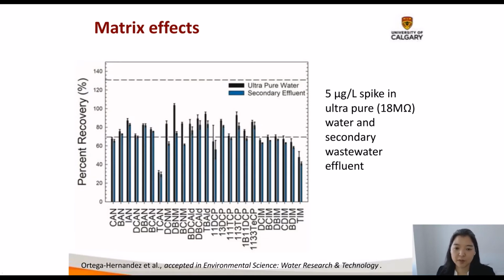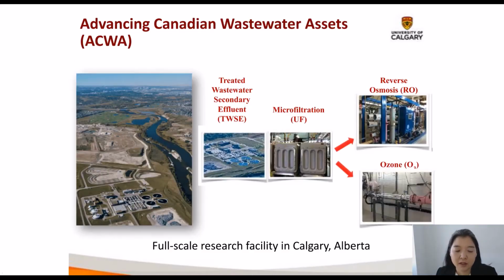So once we developed this method and validated it for DBPs in secondary wastewater effluents, we tested the method in a full-scale research facility here in Calgary, Alberta, named AQUA, or Advancing Canadian Wastewater Assets.